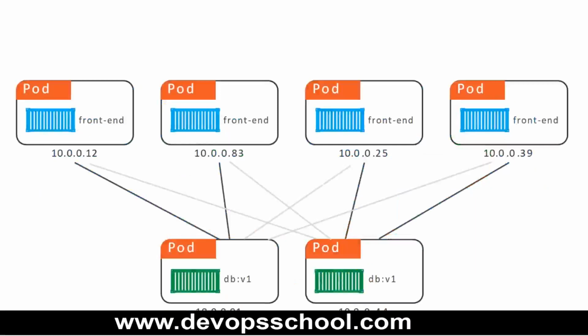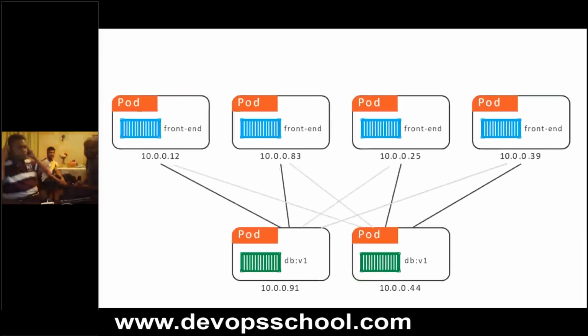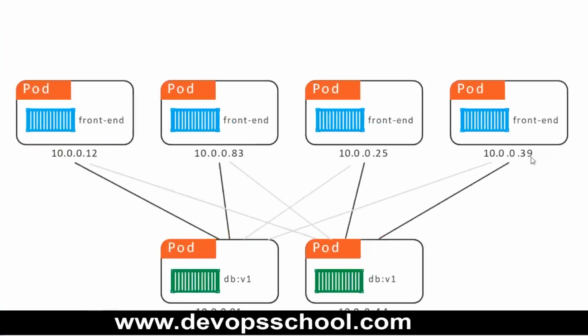Which front end will talk to which backend? So here you have 4 pods from the front end and 2 pods from the backend. Which front end will talk to which backend? That is an important question.